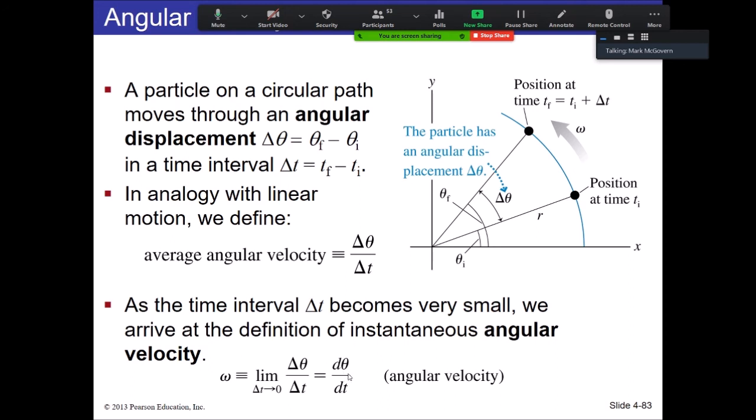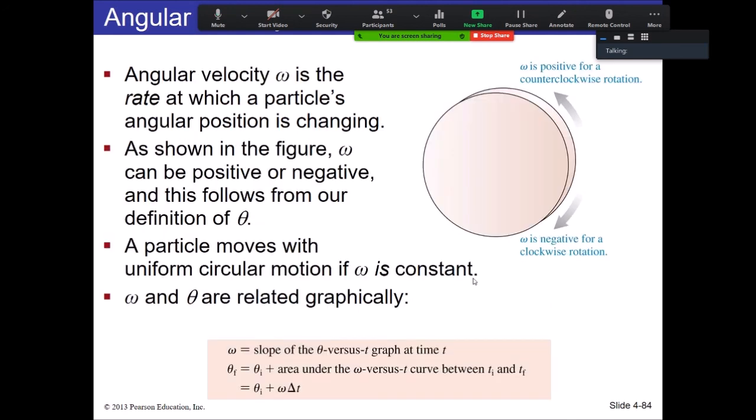That is the derivative of theta with respect to t. And if the derivative is constant, that is true uniform circular motion. Whereas the definition with the deltas is just an average. Okay? But if the derivative is constant, then the instantaneous velocity is truly uniform. This symbol that you see here looks like a W. It's the Greek letter omega. And that's the symbol we use for angular velocity. It has units of radians per second.